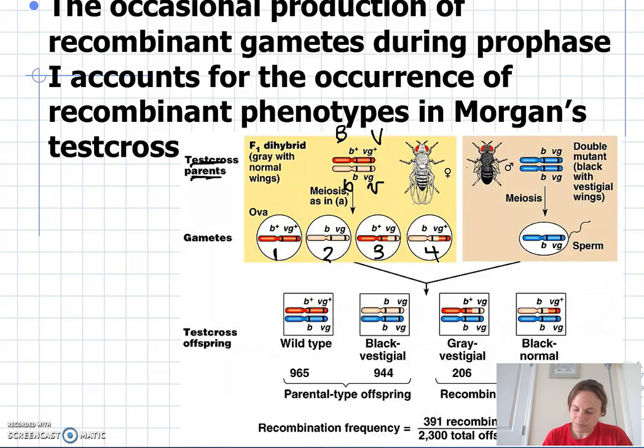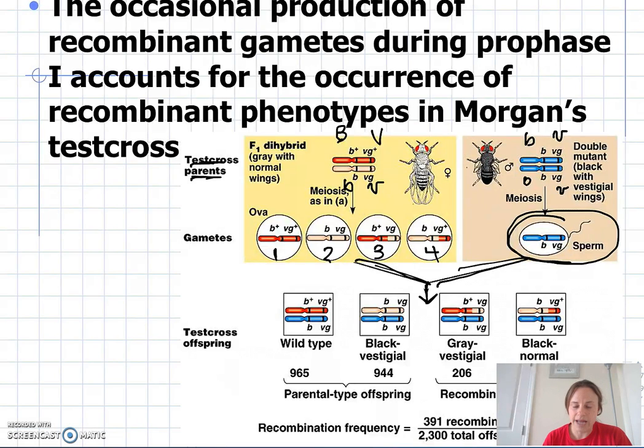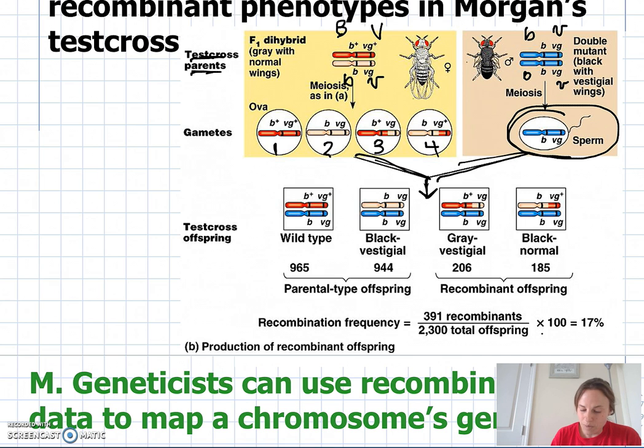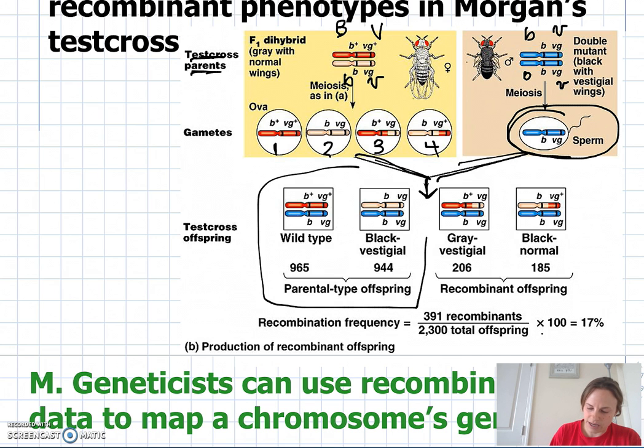Now the male is recessive for both traits. So the male can only create this one type of sperm. Now when these eggs get fertilized by this sperm, I end up with these 4 potential offspring, where most of them look like the parental type.